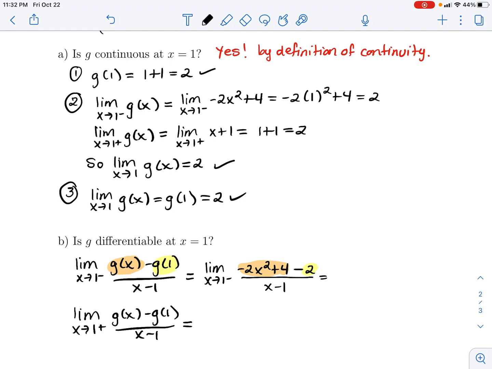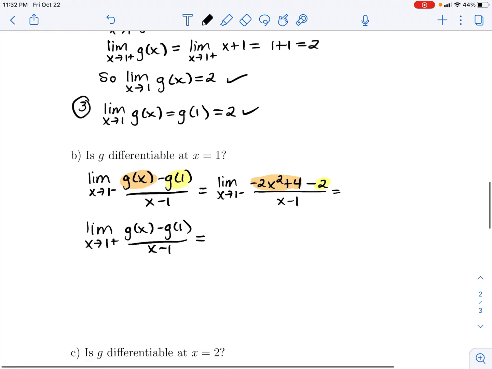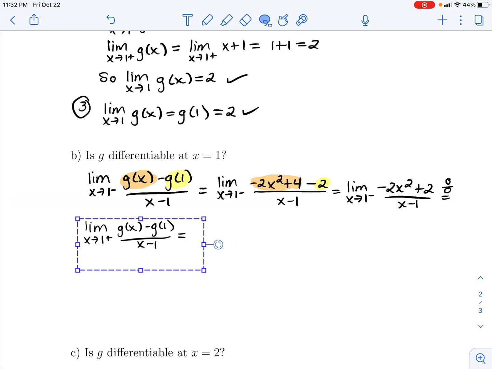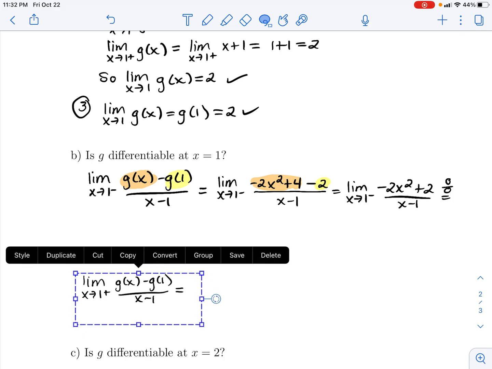So now, when I combine like terms here, I get that this is the limit as x approaches 1 from the left of negative 2x squared plus 2 over x minus 1. And if you tried to plug in here, you would in fact get the indeterminate form 0 over 0. So what we do here is try to factor and then produce cancellation.